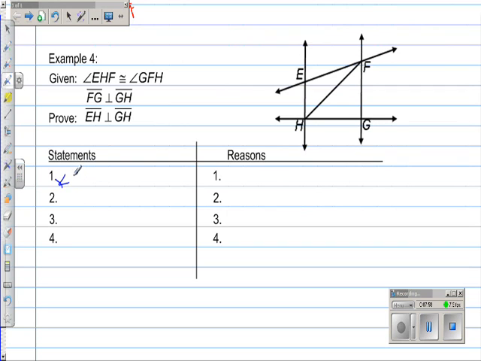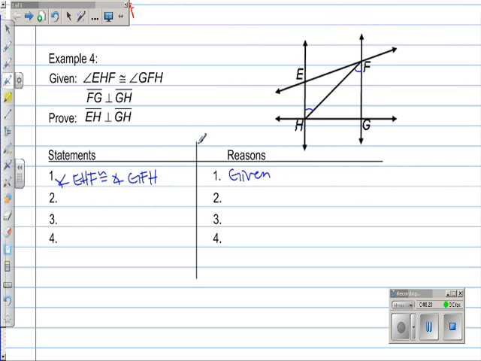So we'll write that, angle EHF is congruent to angle GFH, given, and we want to mark our picture. Angle EHF is this angle right here, and angle GFH is this angle right here.